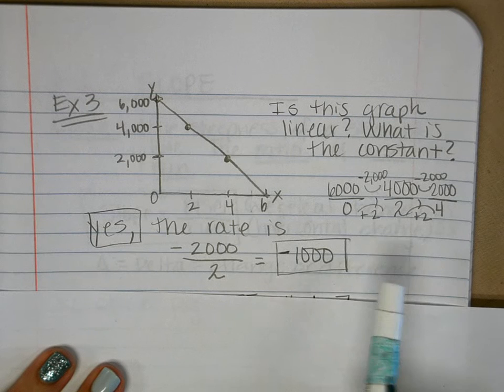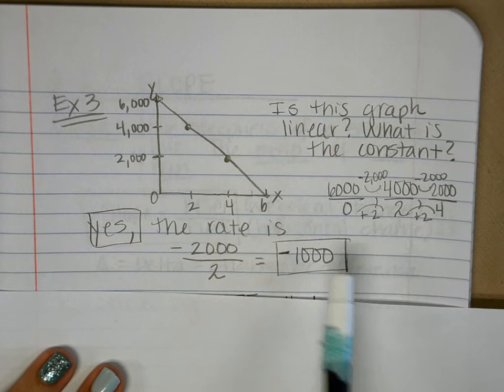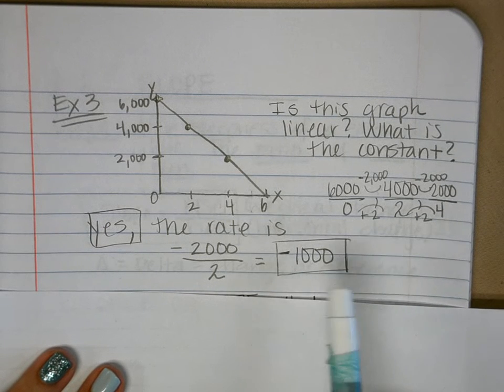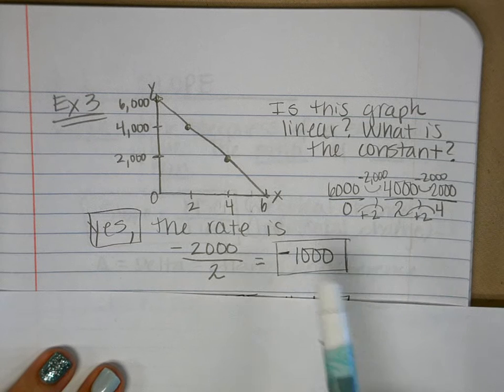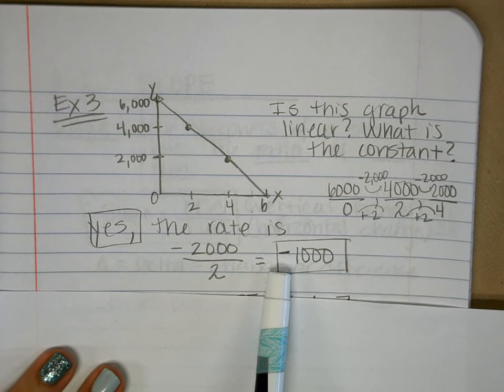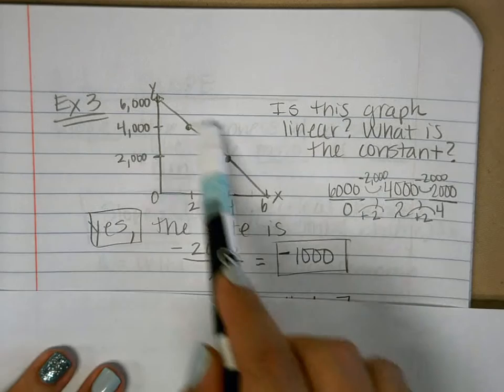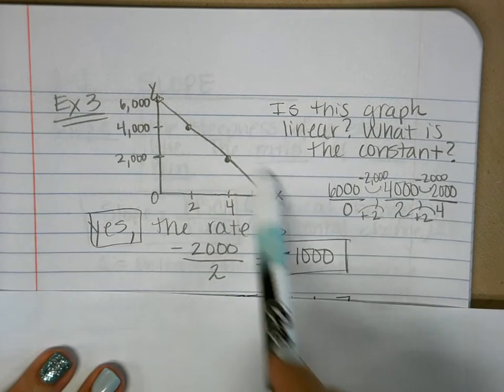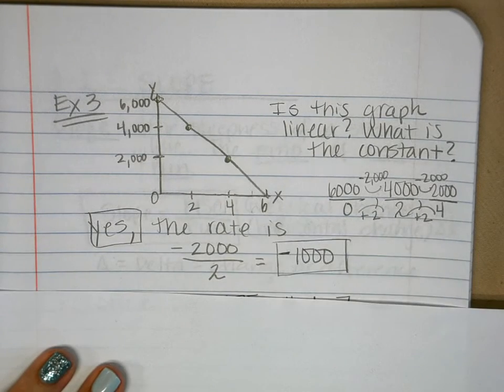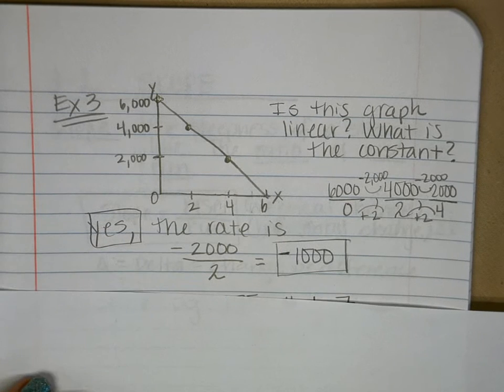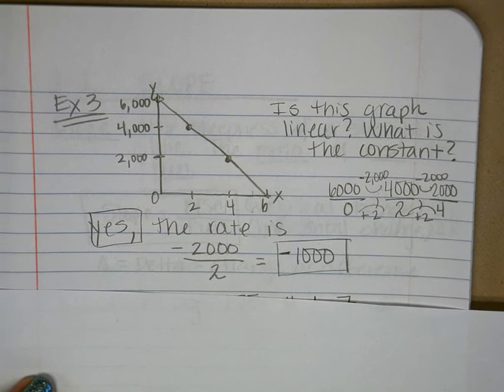Now this is super important, and for some reason, we miss this all the time. Did you notice how this is negative? And look at the graph. The graph's going down and to the right. Do you see it going down and to the right, everyone? If you see a graph going down and to the right, it's going to be negative. If it's going up and to the right, it's going to be positive.